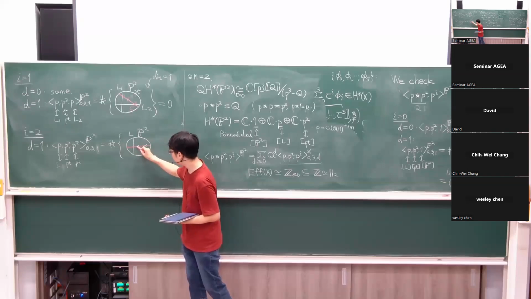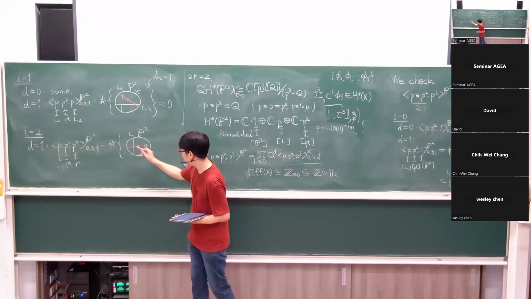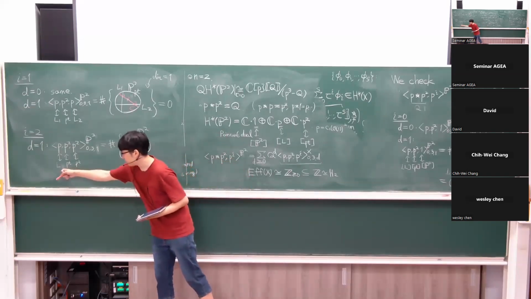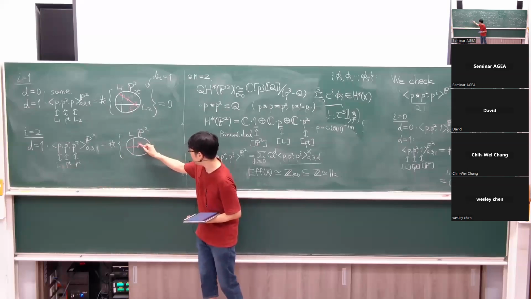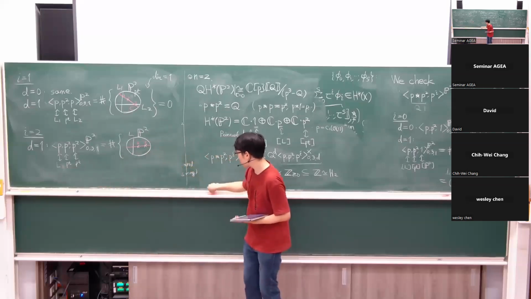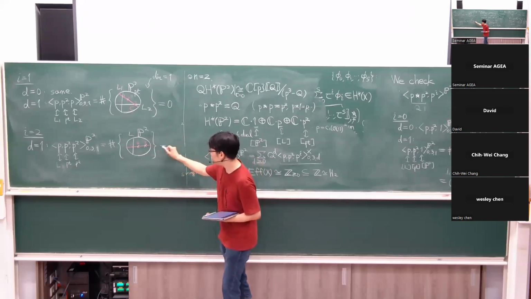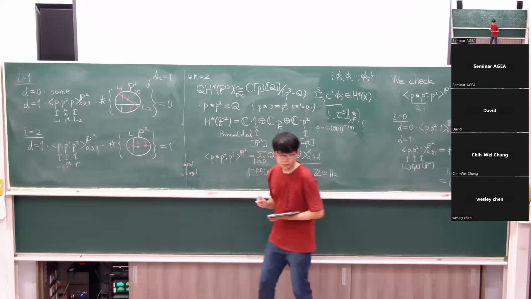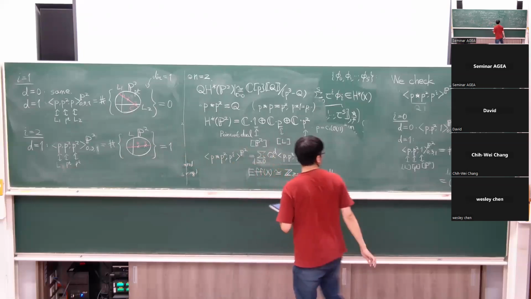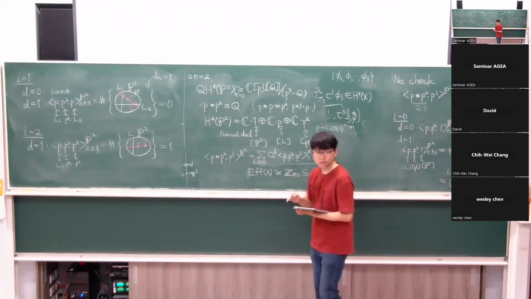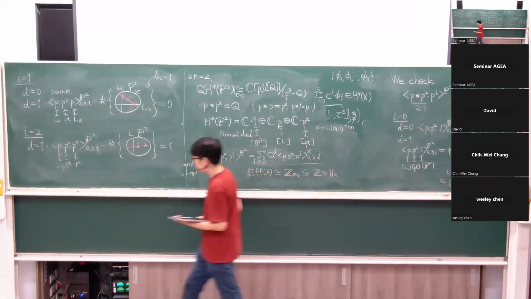The marking is also uniquely determined by the condition that the first marked point should be put on the first subvariety. So this is 1. So we obtain this formula.